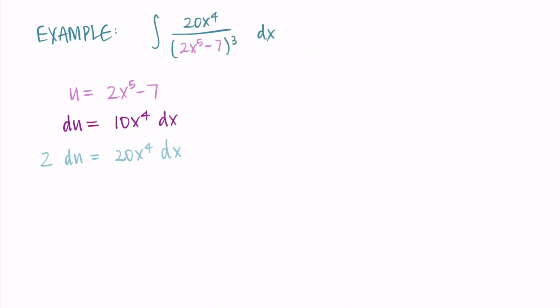So when we do 2 times du, I'm getting 20x to the fourth dx, and now I can replace that in my integral. So 20x to the fourth dx now becomes 2 du, and I have an integral that's entirely in terms of u that I can solve. So this is just another way to do it, and it might be faster for you. You do what makes most sense and what gets you to the solution.